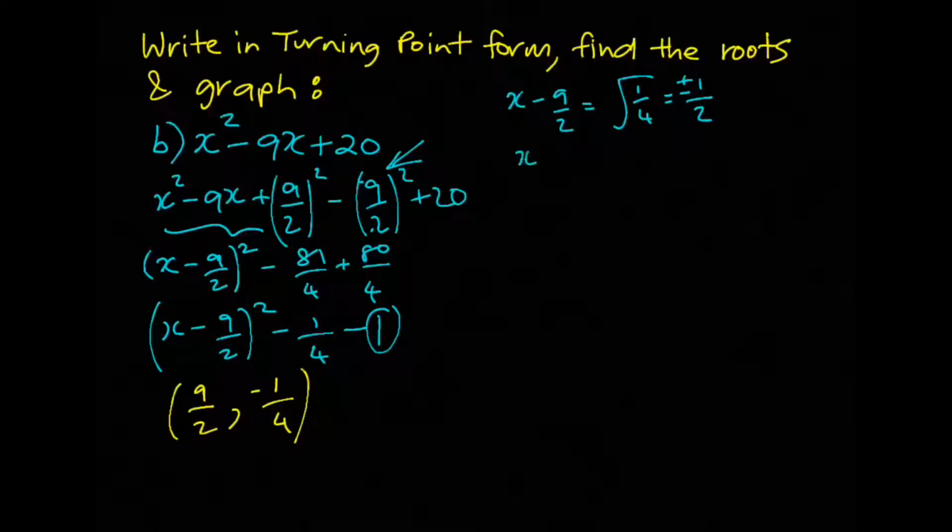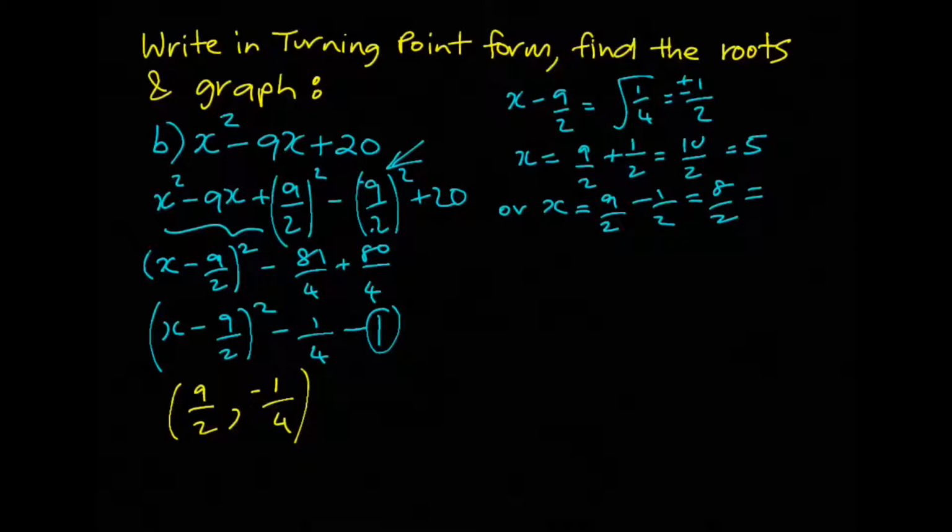So x is equal to 9 on 2 plus a half, which equals 10 on 2, which equals 5, or x equals 9 on 2 minus a half, equals 8 on 2 equals 4. Also, let's find the y-intercept. At x equals 0, y equals 20.